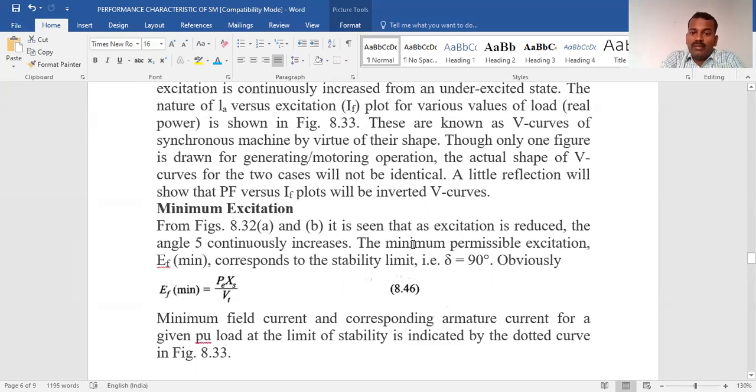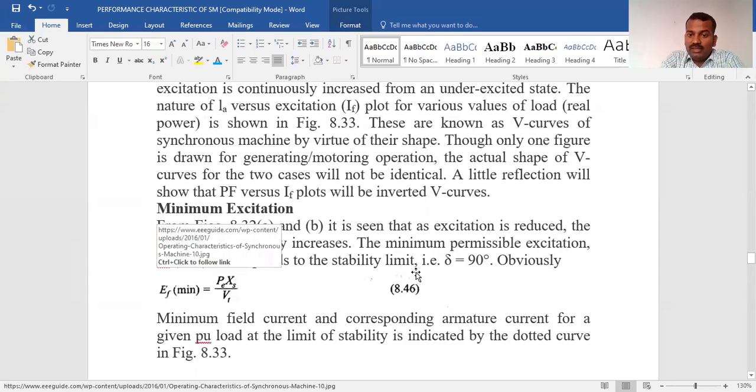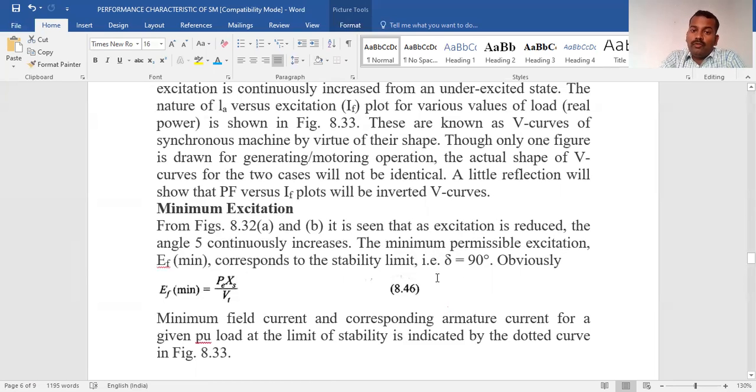The minimum permissible excitation voltage corresponds to the stability limit. To sustain the stability of the synchronous generator, there is a limit: delta must be within 90 degrees, maximum up to 90 degrees.